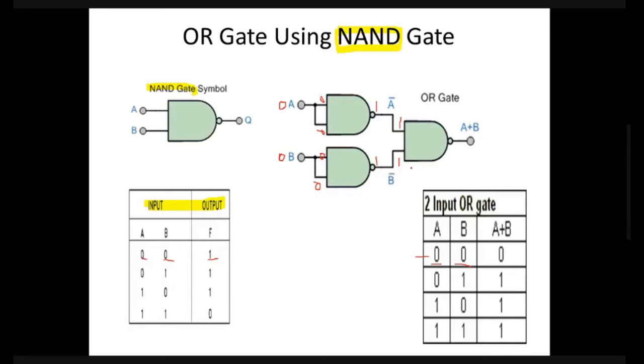This is another NAND gate. The NAND gate has 1 1 as input. What is the output? The 1 1 NAND gate output is 0.